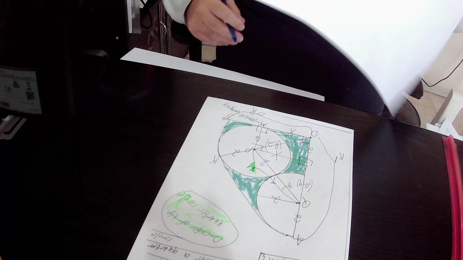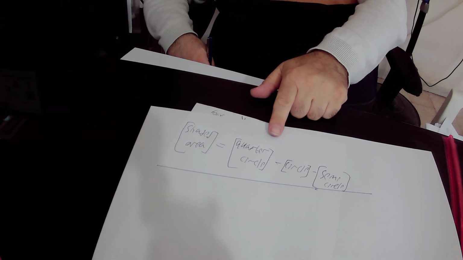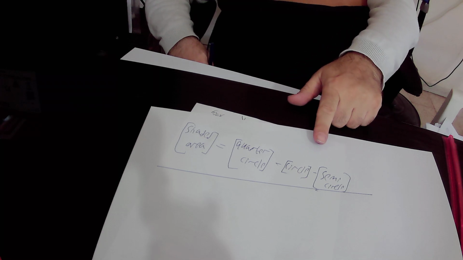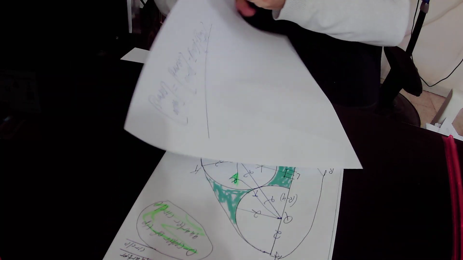I'll repeat again. The value of the shaded area equals the area of the quarter circle minus the area of the circle minus the area of the semicircle. Okay?